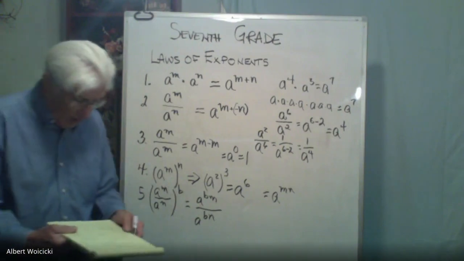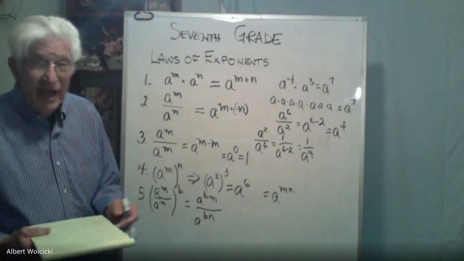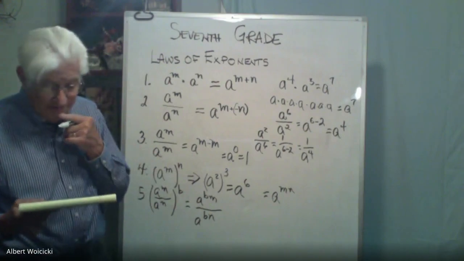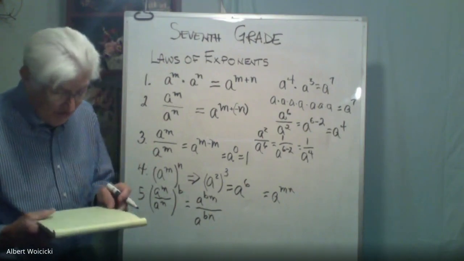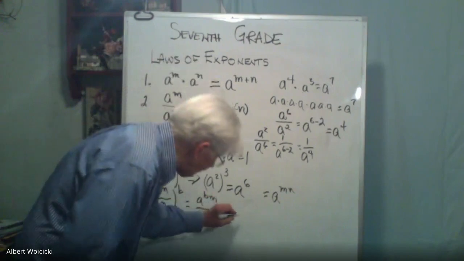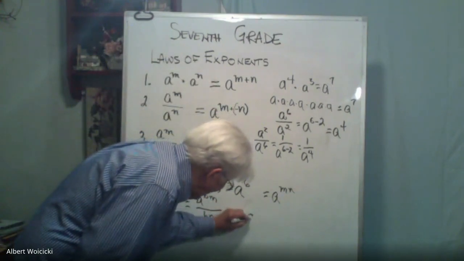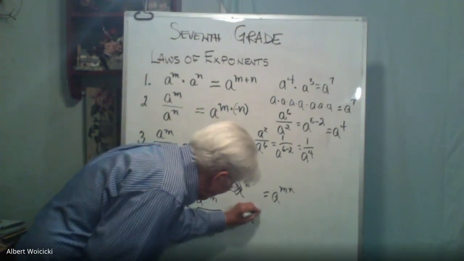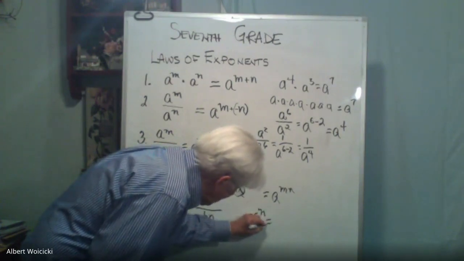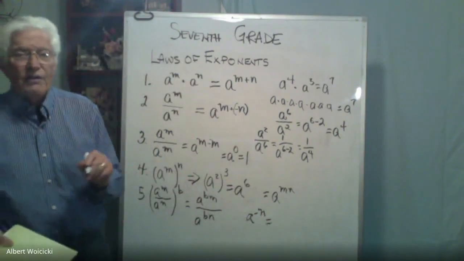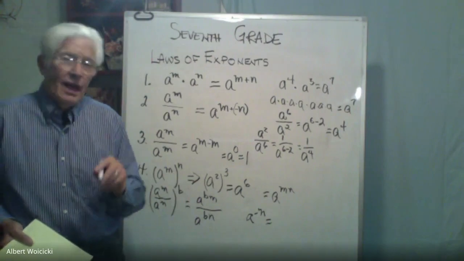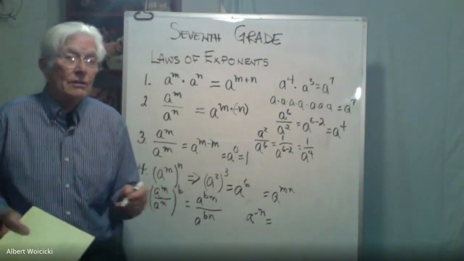And then I've got one last one to do. And this is probably the one that bothers most kids, but I want you to pay close attention to it. A to the opposite of n. I say a to the opposite of 3.